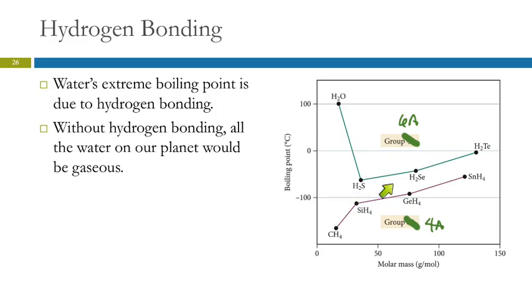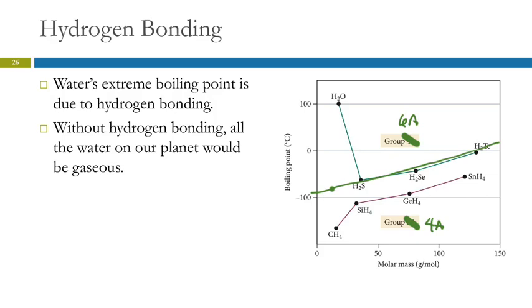And we see this trend of increasing boiling point with increasing molar mass, but somebody's sticking out like a sore thumb, and that's water. If you look at the general trend, it looks like a pretty nice line, and you would expect water to be down here, minus 80 or so degrees Celsius.